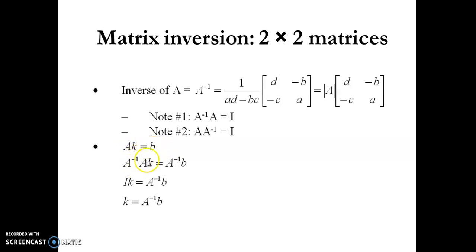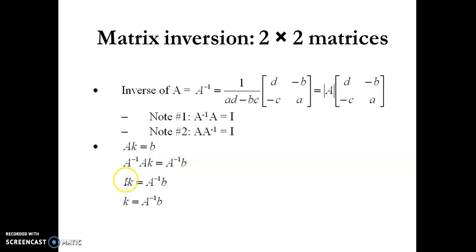If you multiply both sides by the inverse, by the associative property, I can group the inverse and matrix A, and I know that gives me the identity matrix by the definition of an inverse.